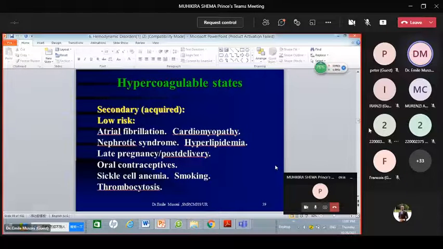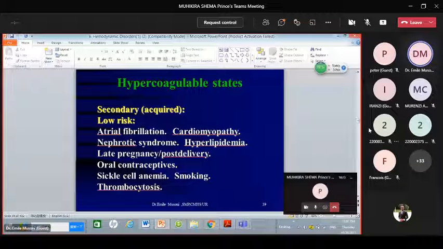Secondary, they can be atrial fibrillation, cardiopathy disease, nephrotic syndrome in kidney, hyperlipidemia, late pregnancy, and post-delivery. For example, late pregnancy can also cause the blood clot because of loss of drainage of lower limb.